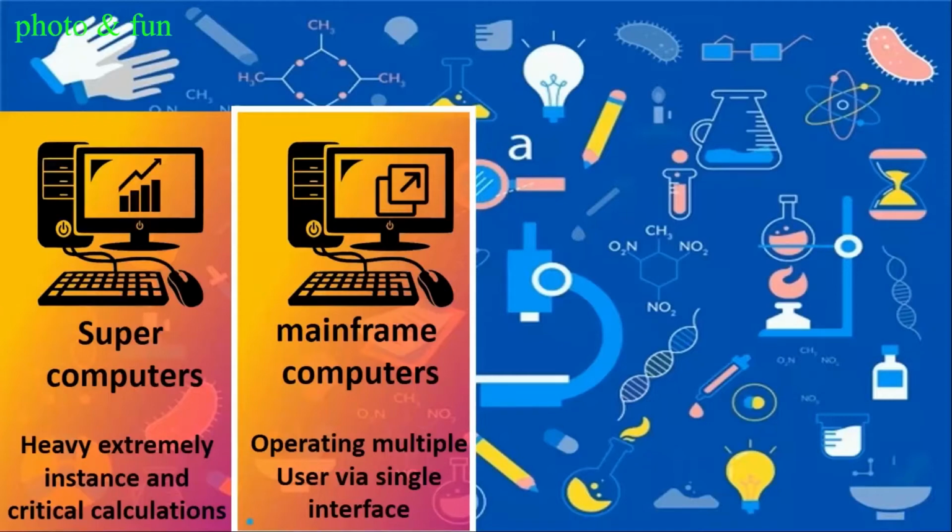Mainframe systems with remote dumb terminals have been displaced in many applications by client-server architecture. So I have told you that it operates multiple users via a single interface. So a mainframe computer is used for business or engineering. So let's move on to the minicomputer.